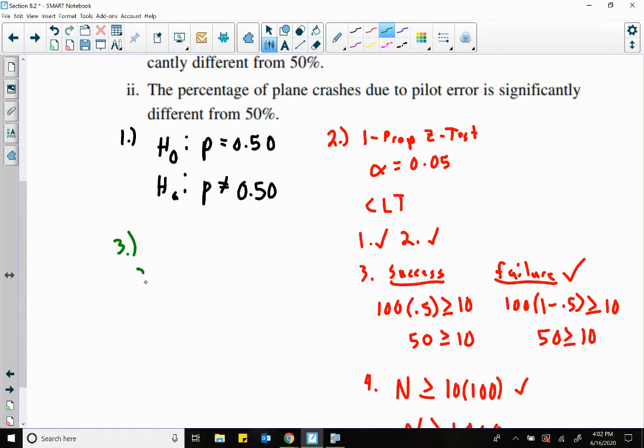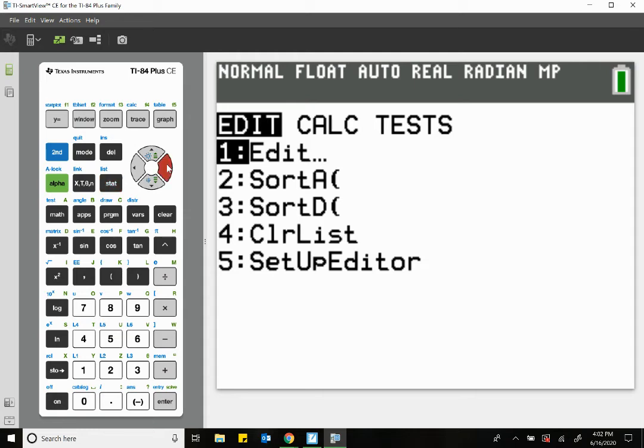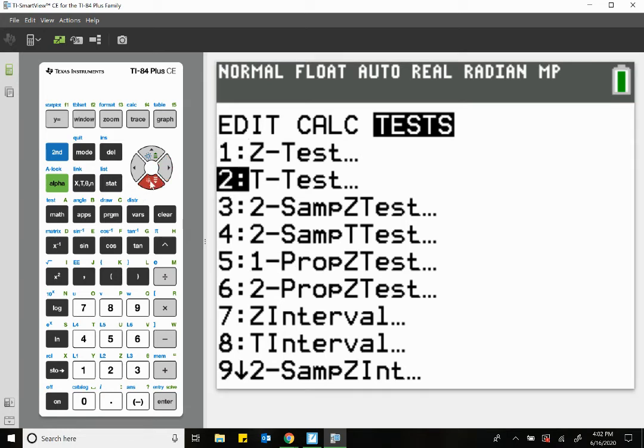Okay? So we're going to get the Z statistic. We're going to get the p-value. Okay. So let's talk, how do we do it on the graphing calculator first? So the first thing you're going to do, just like what I said, go to Stat, go over to Test, and you're running number 5, 1 prop Z test. Okay.